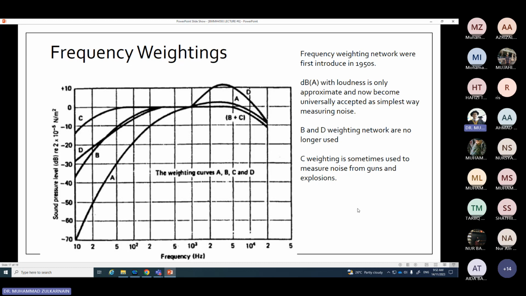C weighting is sometimes used to measure noise from the gun and the explosion. So we use this C weighting level only in certain conditions, from the gun and the explosion. So this one is differentiated within the level, different level.